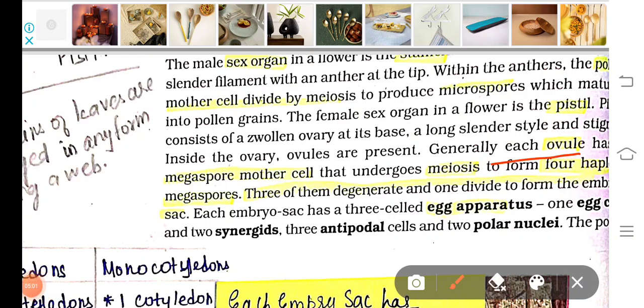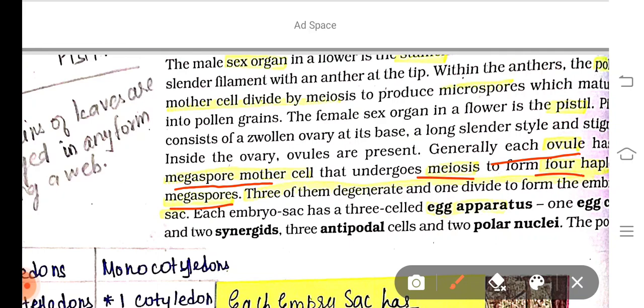Generally, each ovule has a megaspore mother cell, and this undergoes meiosis and forms 4 haploid megaspores. 3 of them degenerate. Degenerate means they decline, or they get worse, or they just die. Basically, they are of no use. Okay, and one is left, which forms the embryo sac.